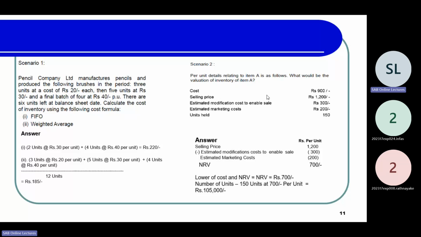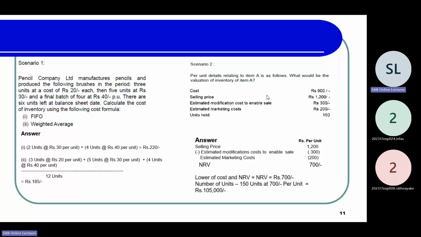The total is 12 units, so 6 units are sold and 6 units are left. Under the weighted average method, 3 units we calculated 2020, 5 units 1020, 4 units 420, out of a total of 12 units, so 185.